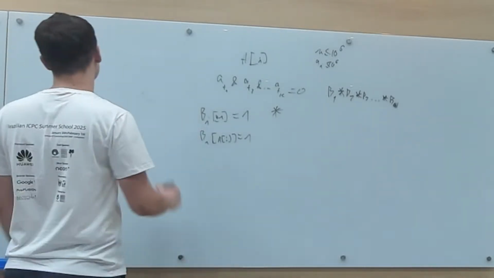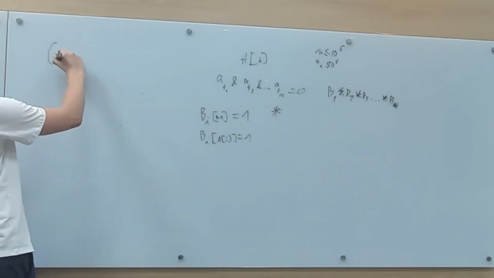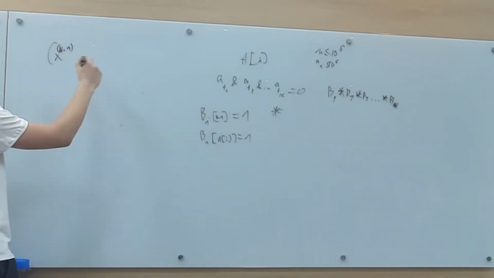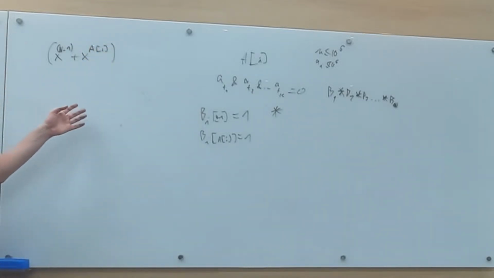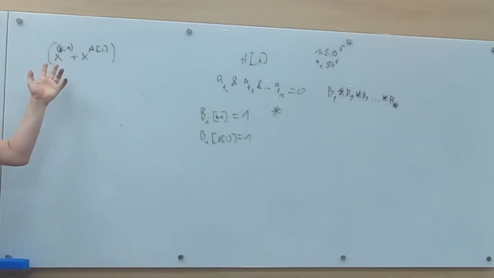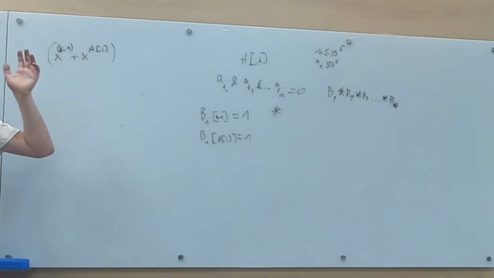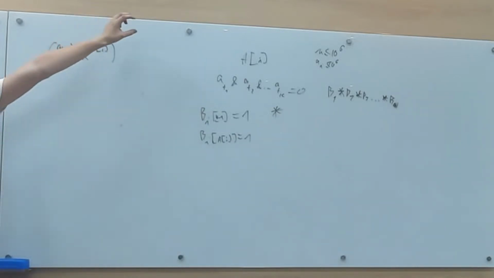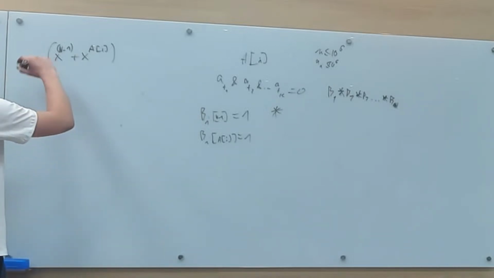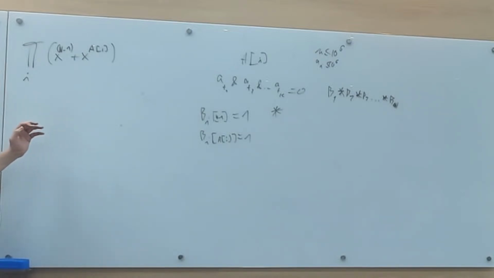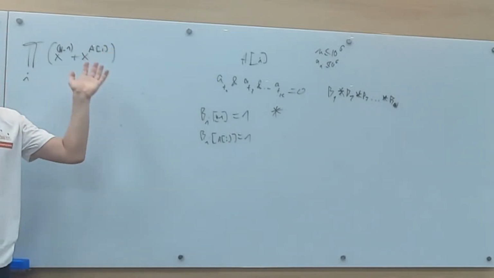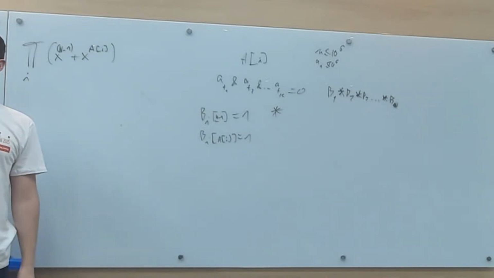So here we can think of it as a single bracket, which is x to the power of n minus 1, this is a full mask, plus x to the power of A_i. In each bracket, we can either choose the full mask, which means AND with everything, so do not change our result, or we can pick the element from the sequence, which ANDs the exponent by A_i. Now when we take this product over i, my claim is that the result is the zeroth element of this convolution. Any questions to this part?